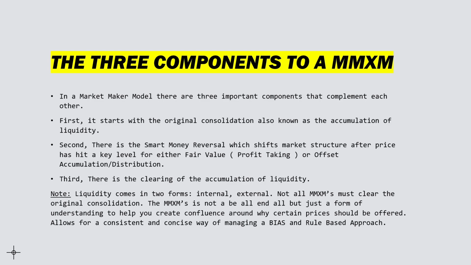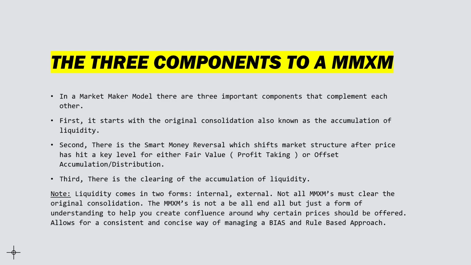The smart money reversal could be profit taking. Let's say the institutional order flow is bullish, but we're having a smart money reversal because of profit taking, because they're taking it at an area of fair value and premium. So there might be some deep retracements for internal liquidity.